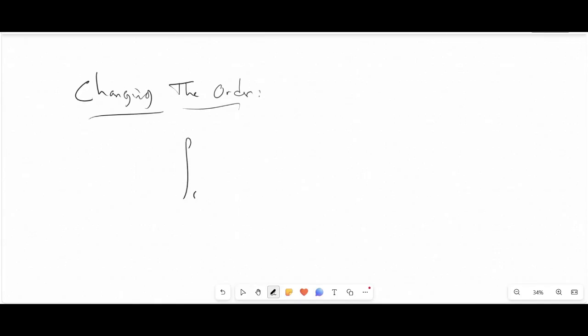Okay, this is important. What if you're asked to change the order of integration? So let's say, for instance, you were shown an integral like this.